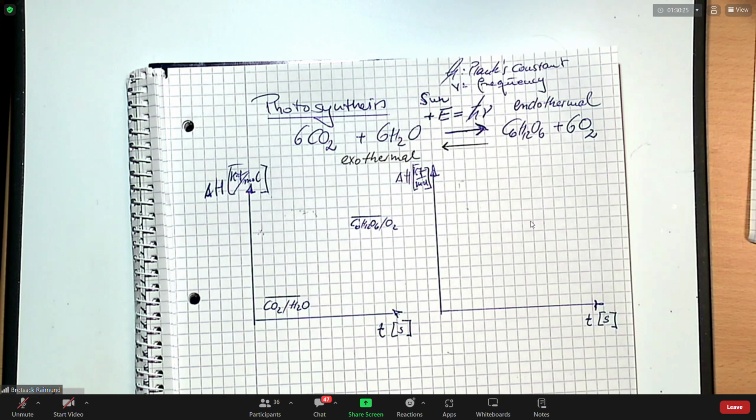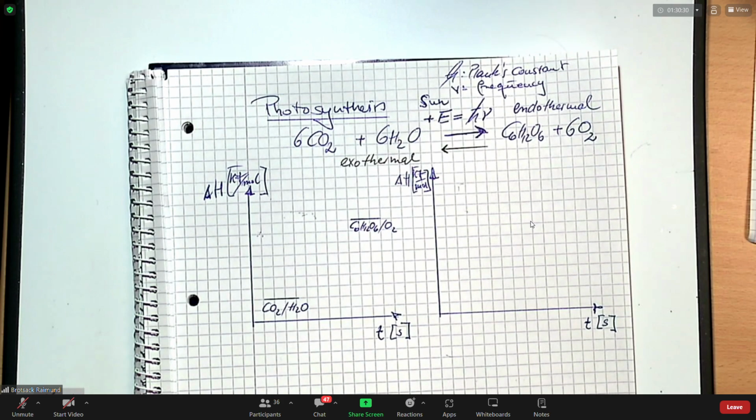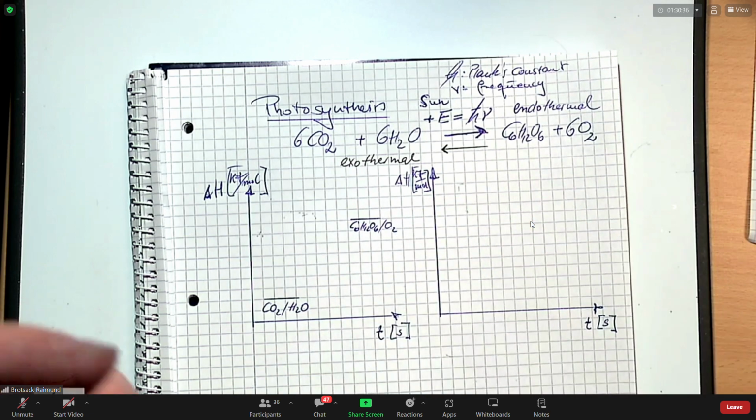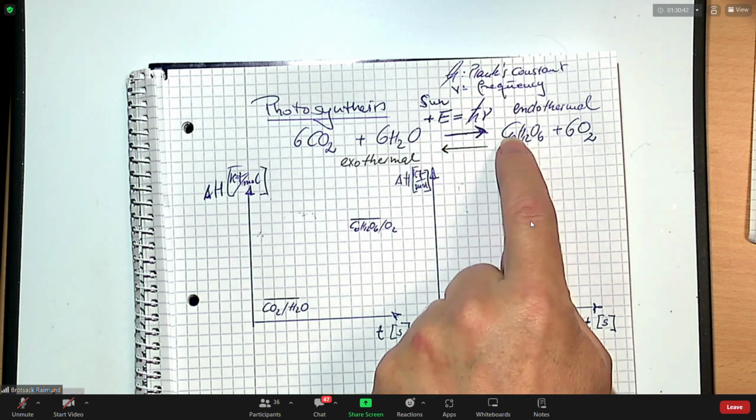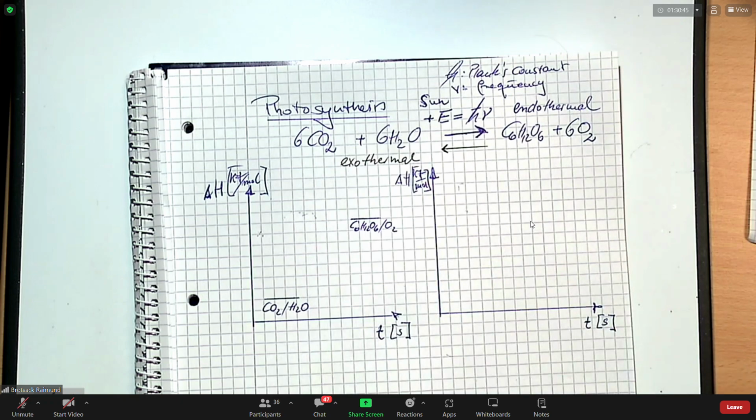So the way of the reaction is now: photosynthesis happens, the sun delivers energy, and the molecules are created. We have CO2, with only one carbon. Now here we have 6 carbon atoms, fixed via sp3 covalent bonds in this molecule.